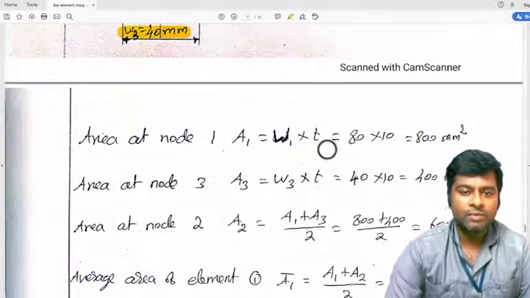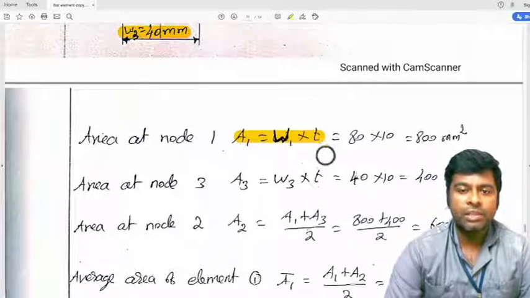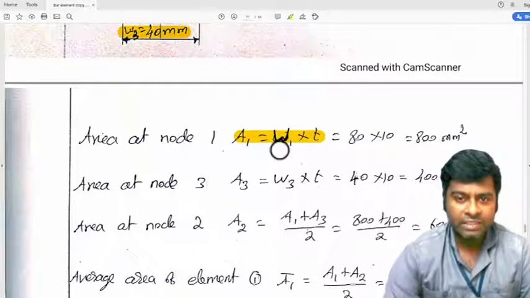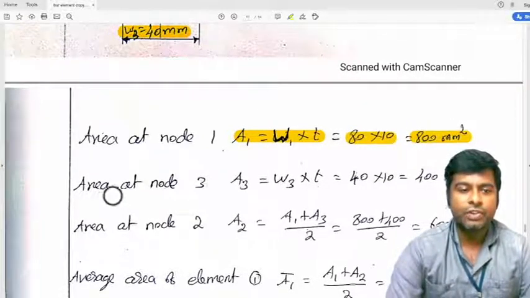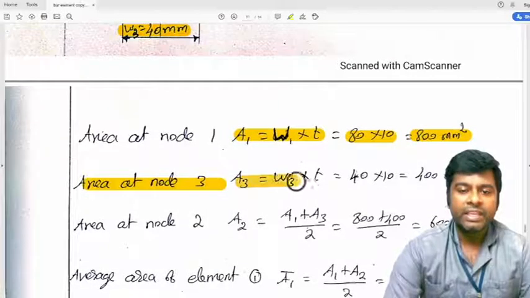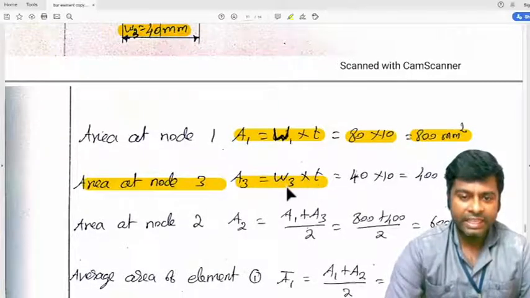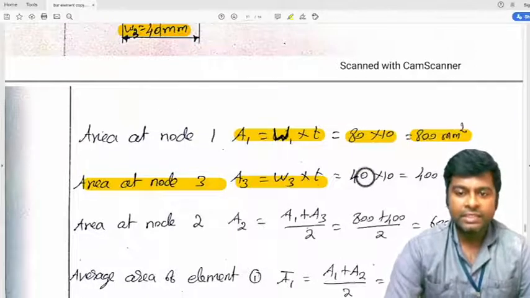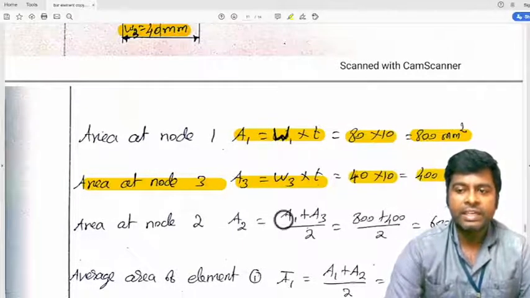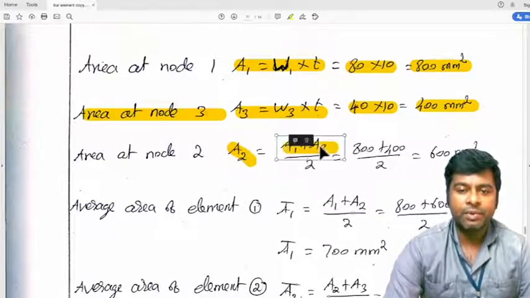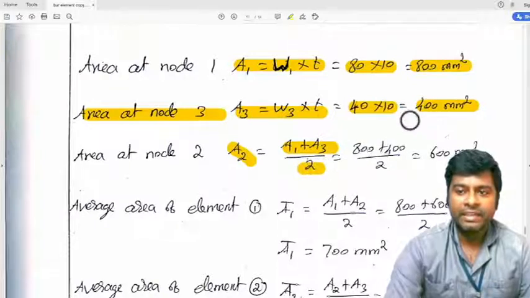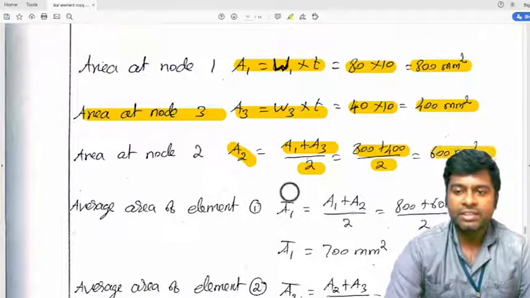Area is width into thickness, so A1 equal to W1 into T, that is 80 into 10, 800 mm square. Area at node 3, A3 equal to W3 into T, that is 40 into 10, 400 mm square. Area at node 2, A2 equal to A1 plus A3 divided by 2, 800 plus 400 divided by 2, equal to 600 mm square.